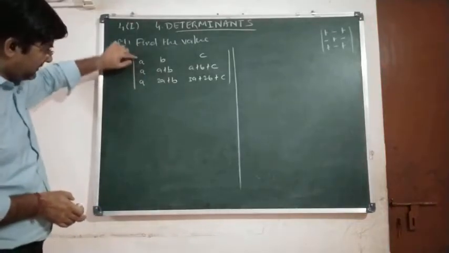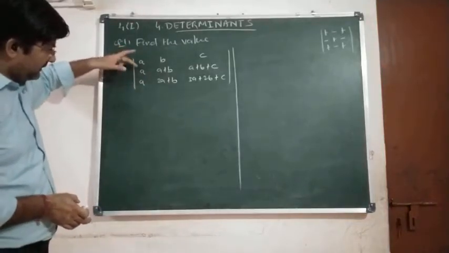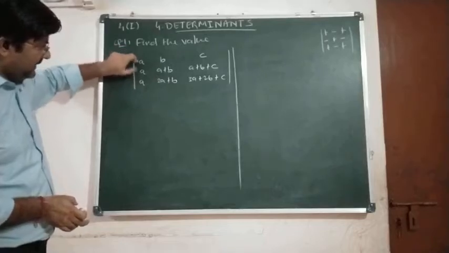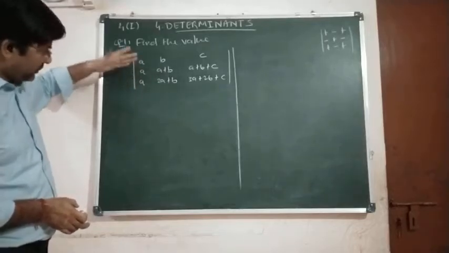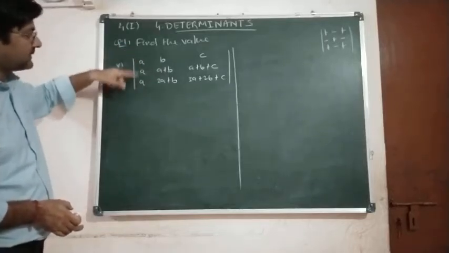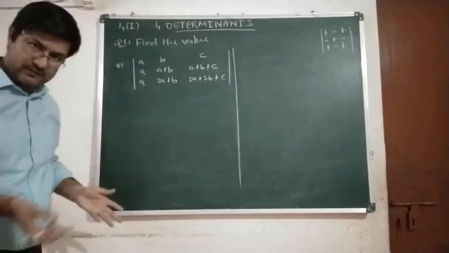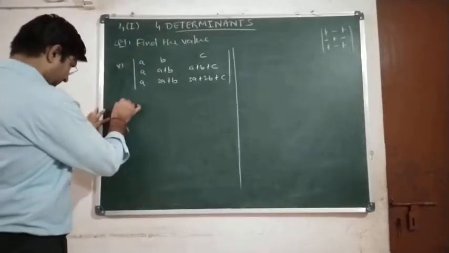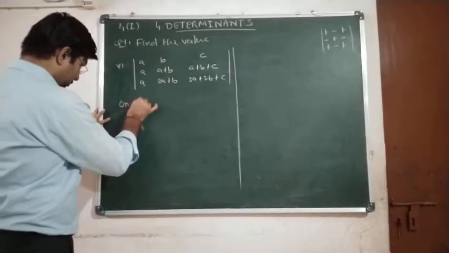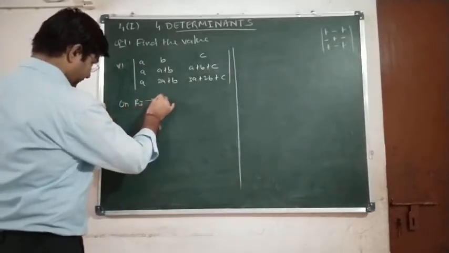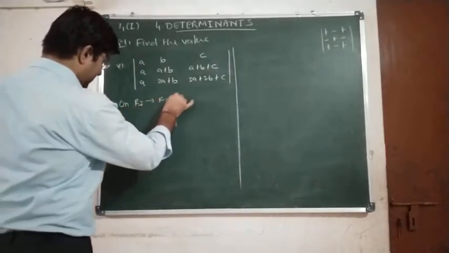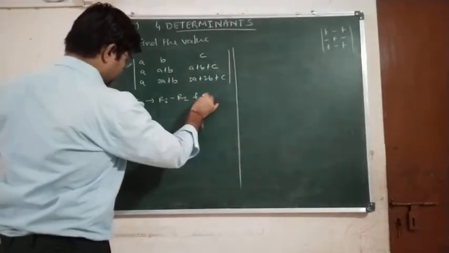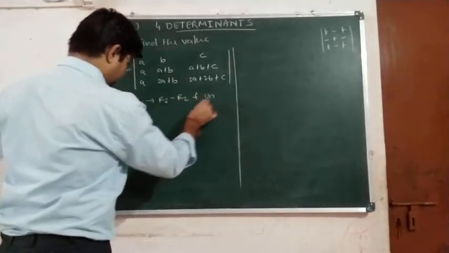Since we have the 3 a's in the first column, we can subtract R1 minus R3 or R2 minus R3 or the reverse, anyway you can do. Here I will carry out the operation on R3: R3 minus R2.